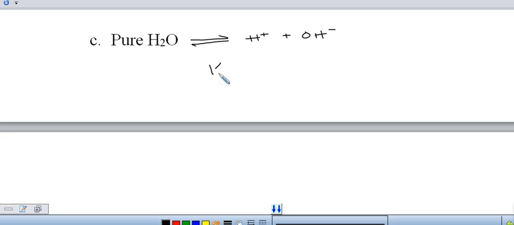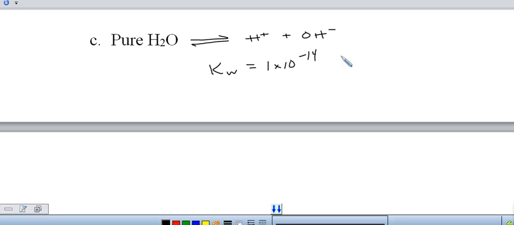And we know that the Kw for that is 1 times 10 to the negative 14th. And so the H plus and the OH minus, that is the common ion part, which is going to lead us to buffers in the next lecture.